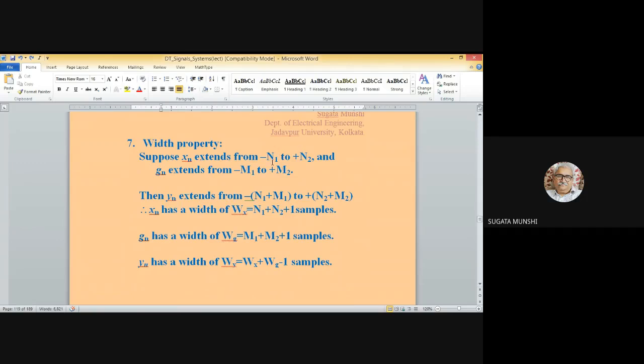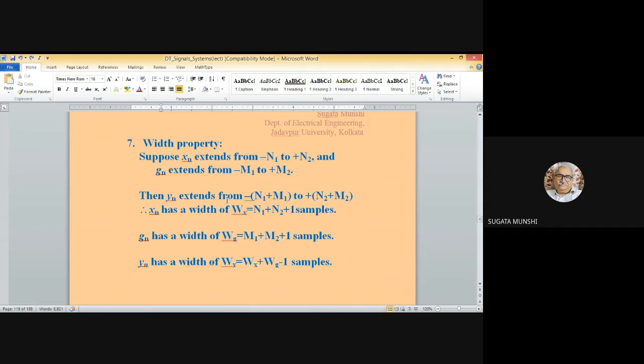These are integers, of course. Then y[n] is the convolution of x[n] with g[n]. It will extend from minus n1 minus m1 to plus n2 plus m2. All right.